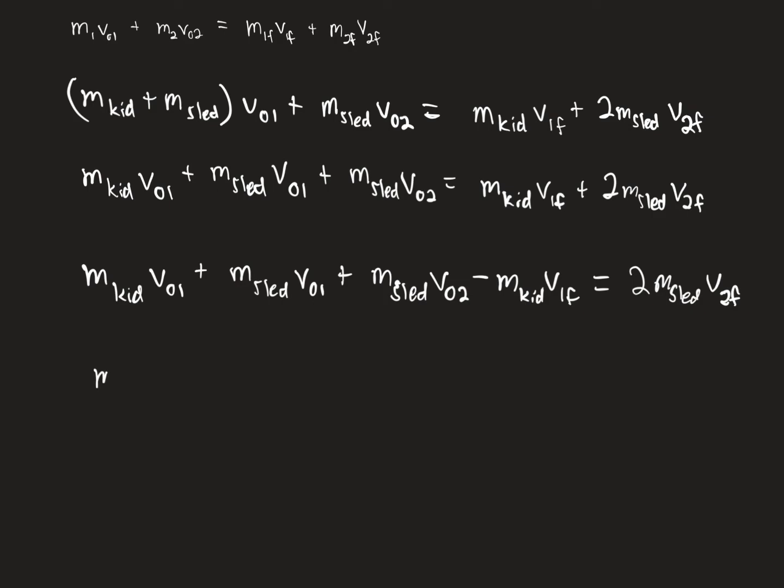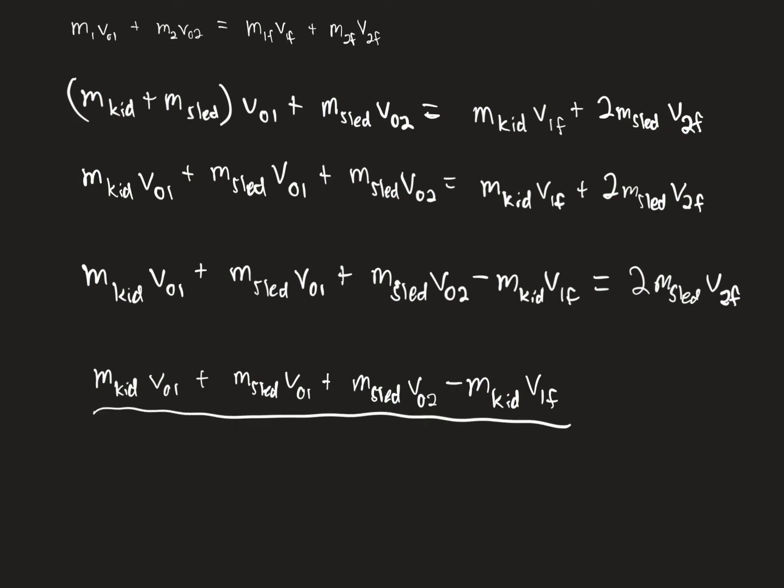And I get M kid times V initial 1 plus M sled times V initial 1 plus M sled times V initial 2 minus M kid times V1 final. All of that divided by 2 times M sled equals V2 final. So this is my final answer, hopefully.